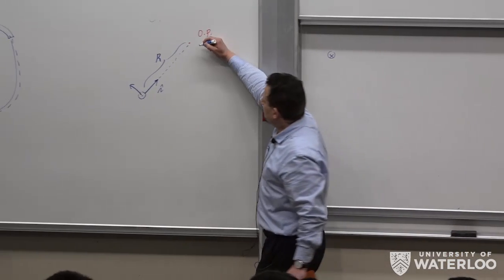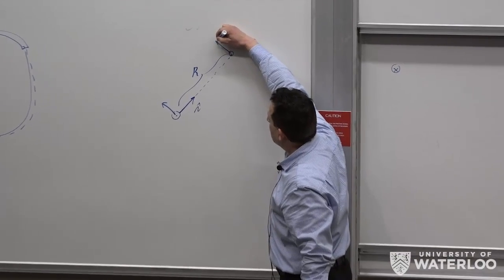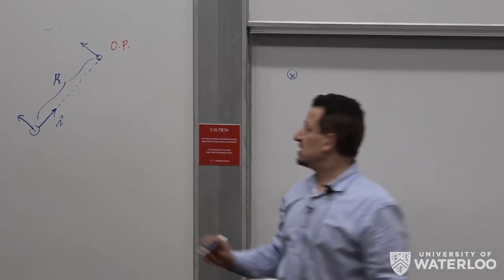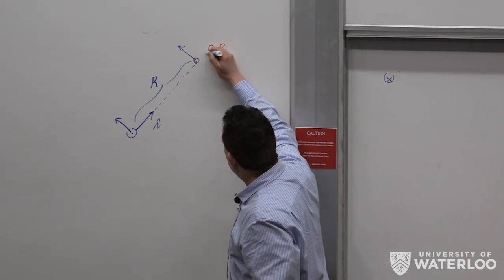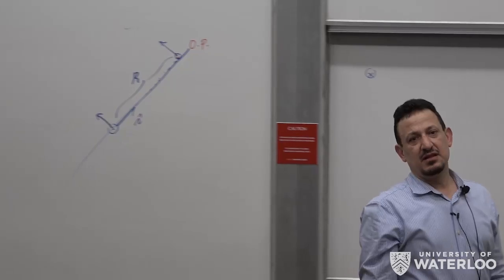Okay? So if you're here, the cross product will be a vector in that direction, orthogonal to the plane or to the line that connects the two. Okay?